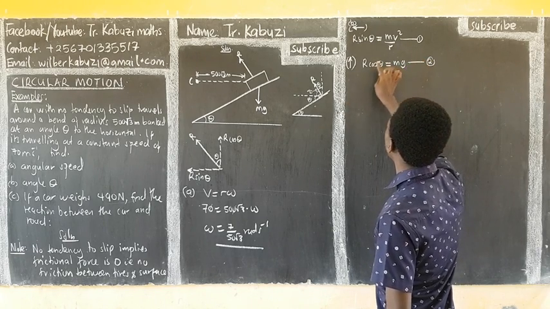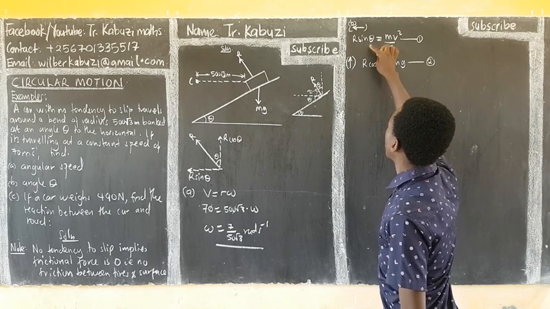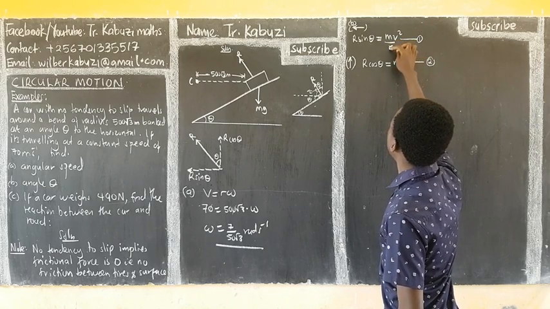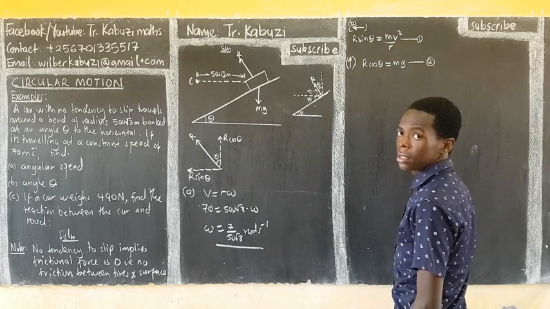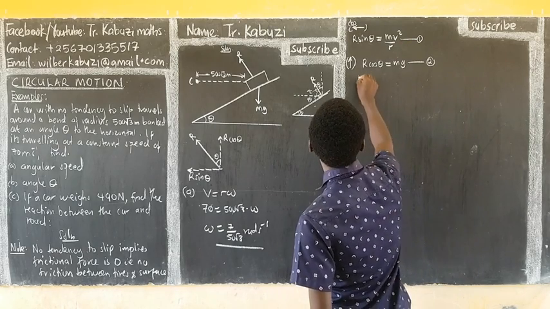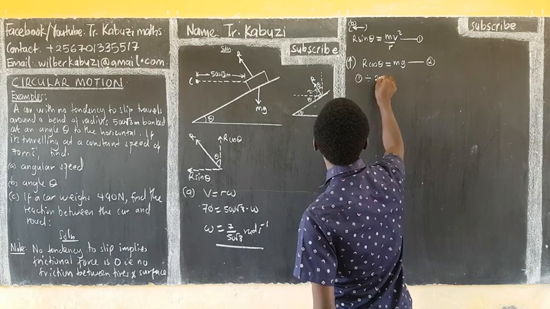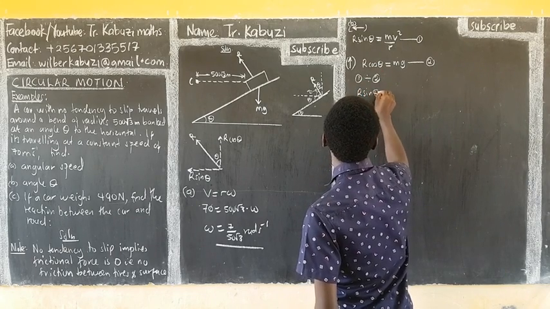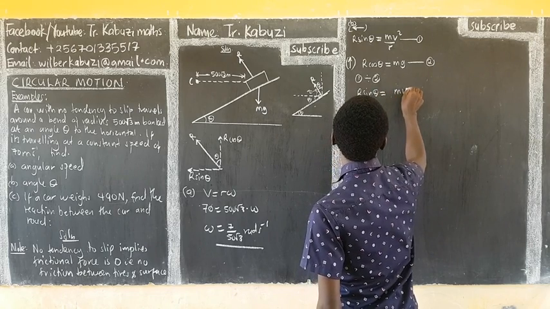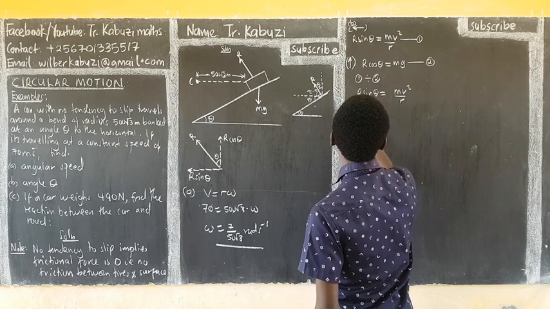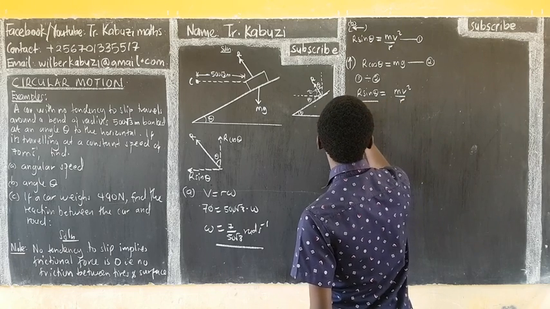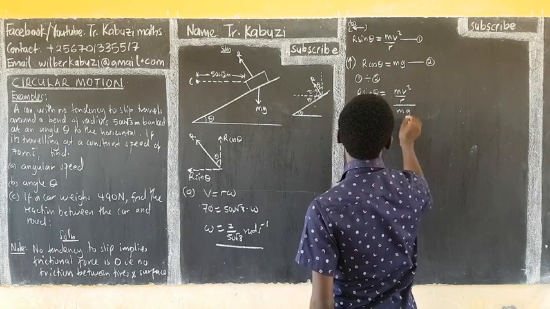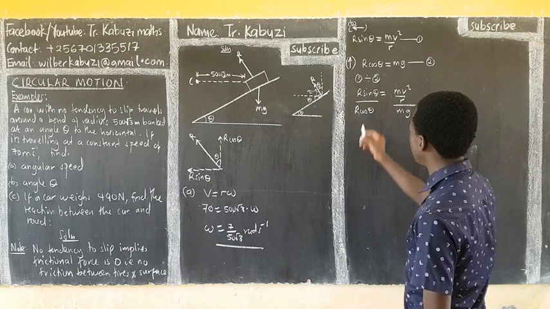You see, I can eliminate R, then I have this, which is going to give me tan. So we say 1 divided by 2: R sine theta equal to mv squared over r, divided by R cos theta, equal to mg.